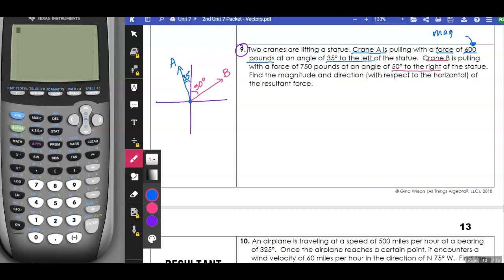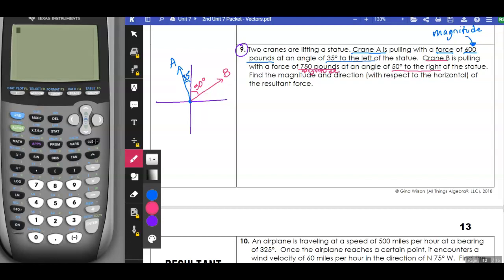Good. Magnitude, remember, is just like size. So 600 pounds is the size of our force. And then 750 is the magnitude for crane B.